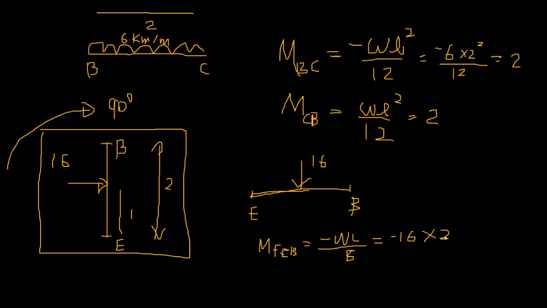L is 2 and this is 8. So this is going to be 8 over 16, so that's minus 4. So MF EB is minus 4, and MF BE is going to be the same but positive.